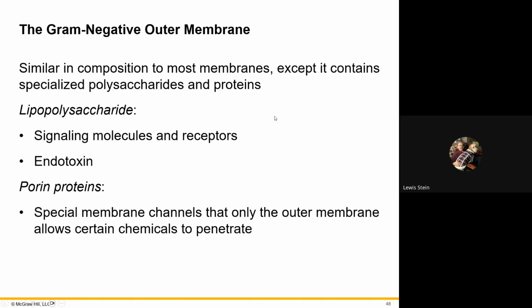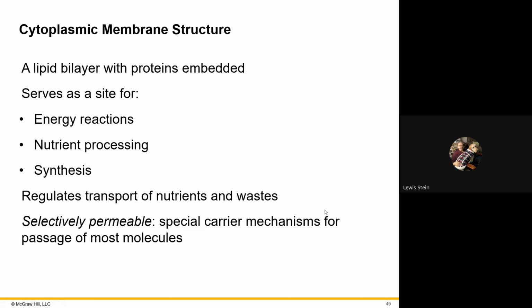So gram-negative, the lipopolysaccharide layer, has signaling molecules and receptors, and it's an endotoxin. Okay, special membrane channels in the outer membrane. Within that, of course, the regular cytoplasmic membrane, all the typical stuff that we use.